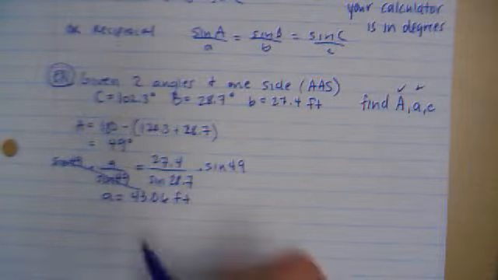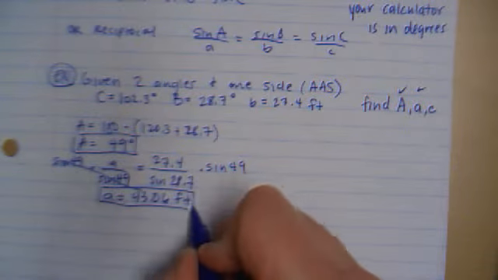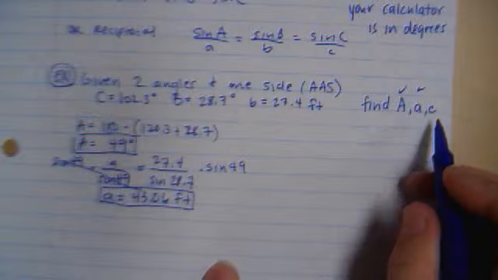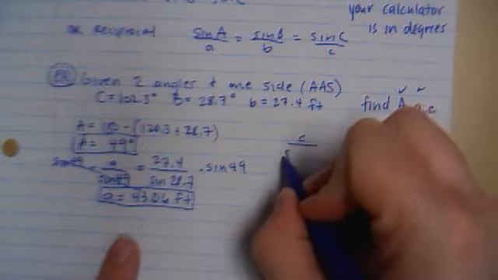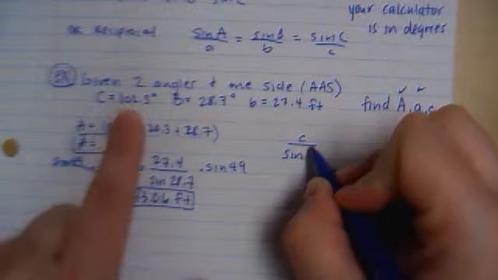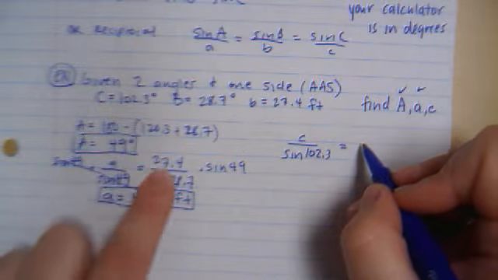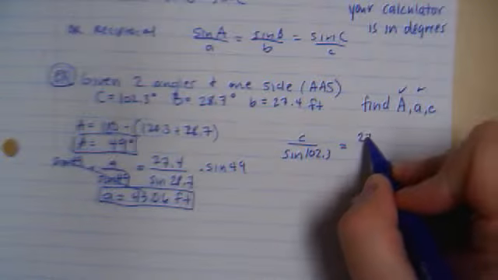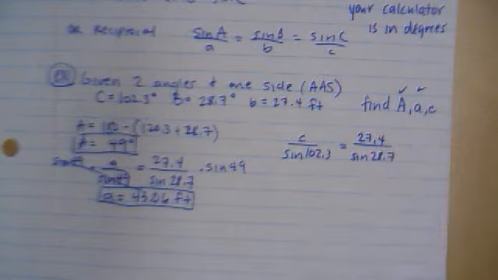So I found big A, I found little a, and now I need to figure out little c. I'm going to do the same thing I just did. I'm going to have c over sine of my angle C, 102.3, equal to the same thing, because I know both of these: 27.4 over sine 28.7.